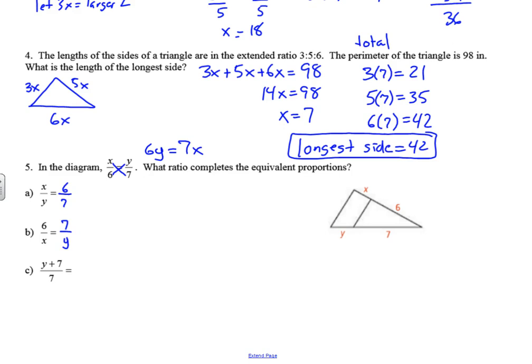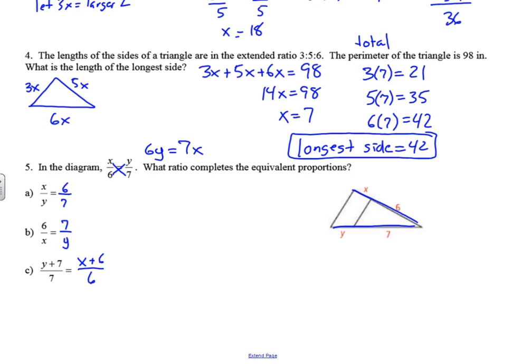What happens over here is we've taken y and added 7 to it and put it over 7. See how y plus 7 is the whole length of this side of the triangle? And over there, that would be x plus 6 over 6. So that's how you can look at that and set up those proportions.